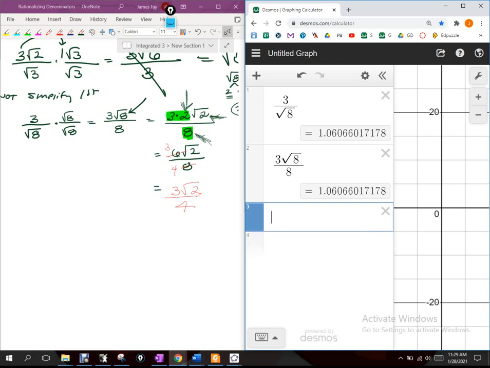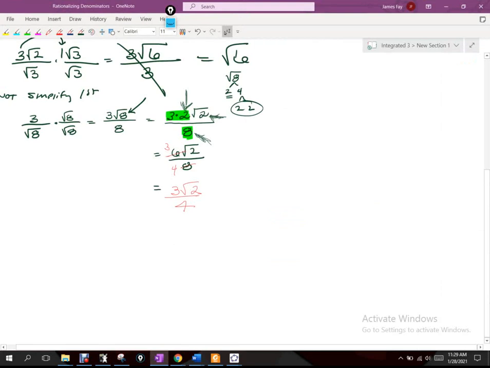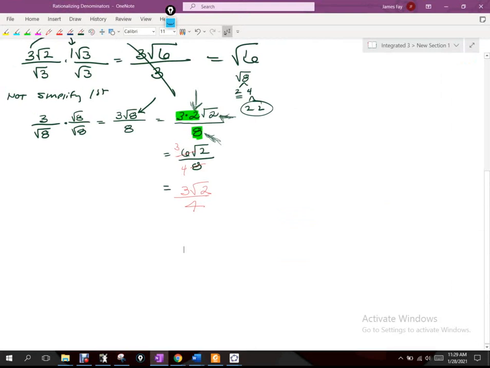What if I take a 2 out of just these two? That gives me 3 square root of 2 over 4. And I generate the same decimal, so that must have been the cancellation that could occur. Does that kind of make sense? Okay. So you can use your technology to help spark a rule that maybe you've forgotten.